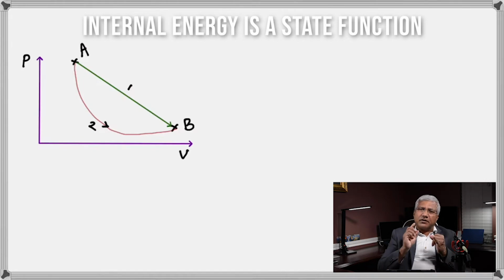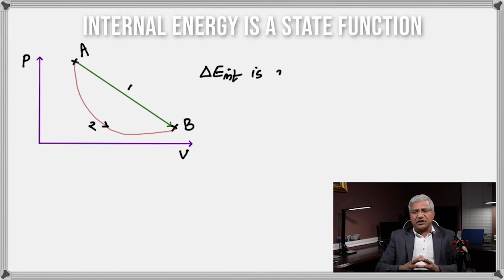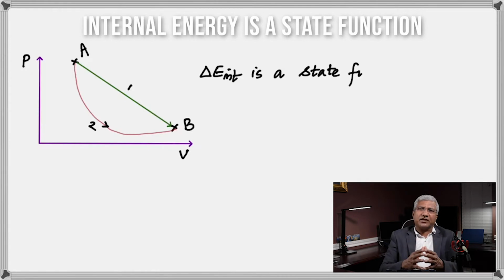Now, remember that heat and work both are path functions. That means heat and work depend on the path taken. But I'm going to prove that the change in internal energy is not a path function. How does that work out? We already know that the change in internal energy is the difference. I'm going to show that the change in internal energy is a state function.